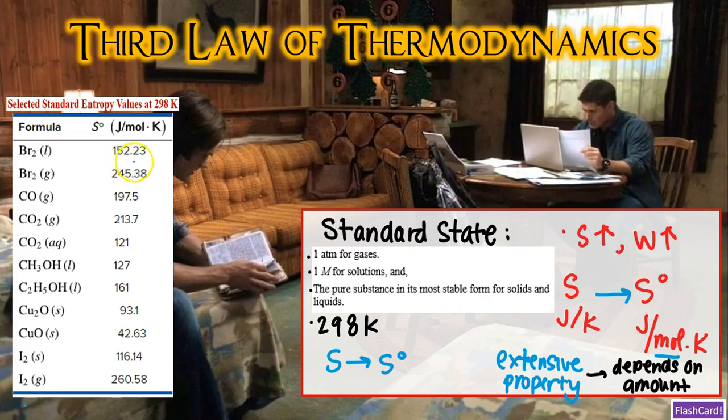And that makes sense because when you're going from a liquid to a gaseous state, you are increasing the number of microstates, so you should have an increase in your entropy value, right? Same thing if you're going from the gaseous state down to aqueous for our CO2 here. You're going from, say, 213.7 joules per mole Kelvin down to 121 joules per mole Kelvin when it's in the aqueous form. And so those are just some examples here.